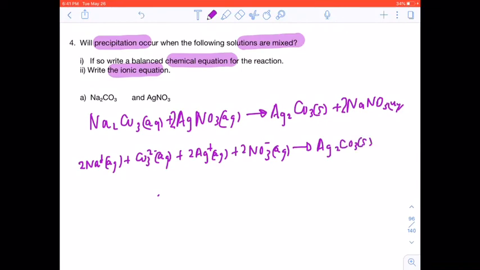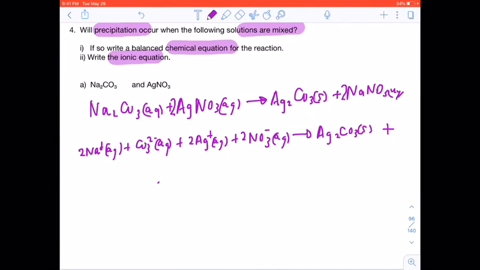So that's your precipitate that forms, and the carbonates of silver are insoluble, plus it gives us 2Na+ aqueous plus NO3- aqueous, and that would mean 2 of it. Right.